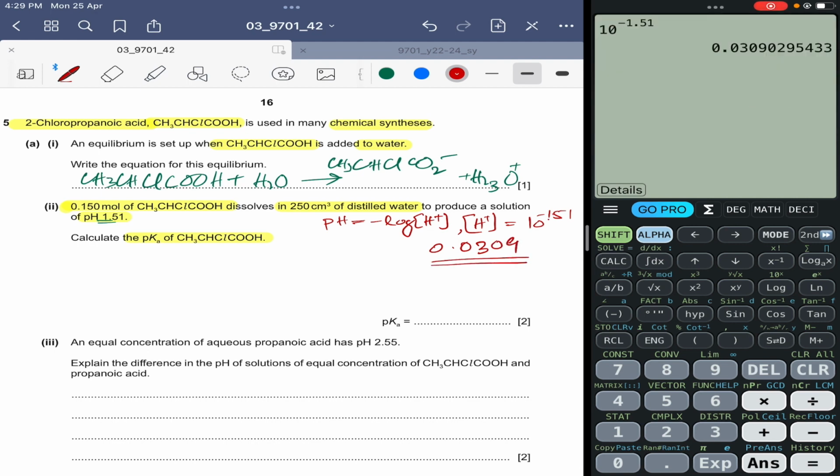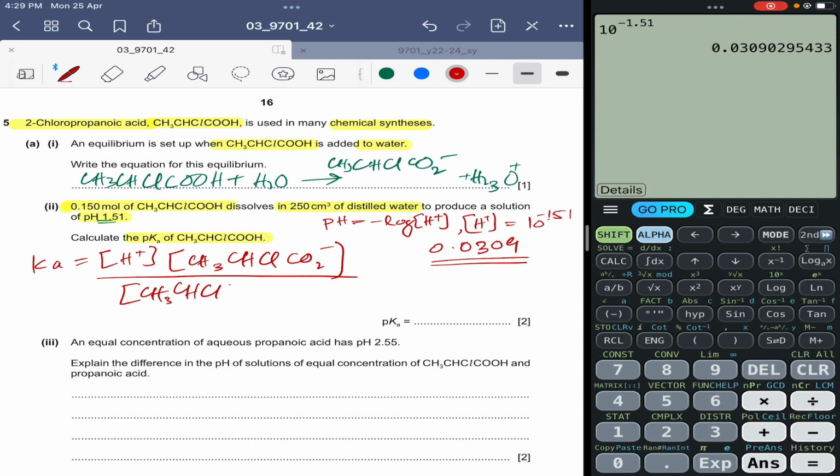0.0309. Then we have to find the Ka value. In the question, they've asked us to calculate the pKa value, but first let's find the Ka value. So Ka equals the concentration of H+ ion times the concentration of CH3CHClCO2- over the concentration of unionized acid, which is CH3CHClCOOH.